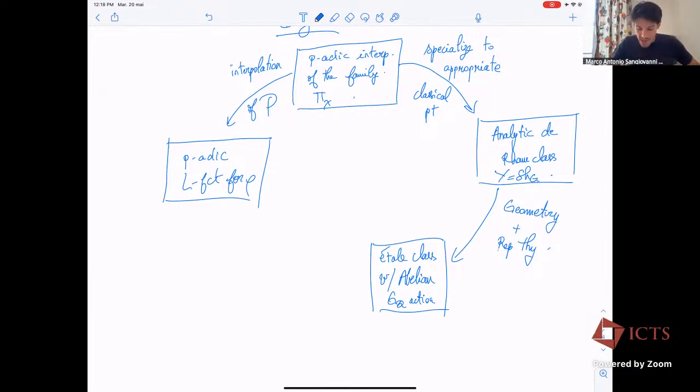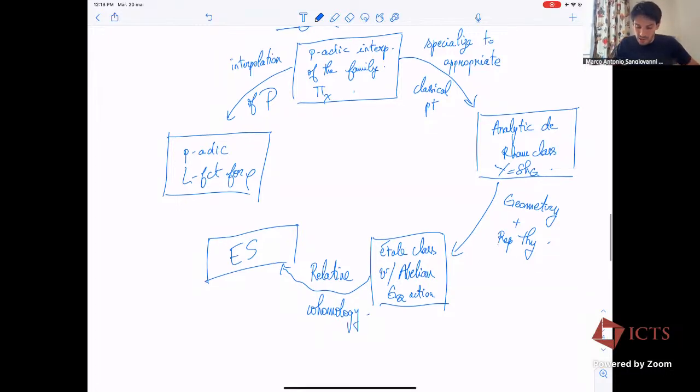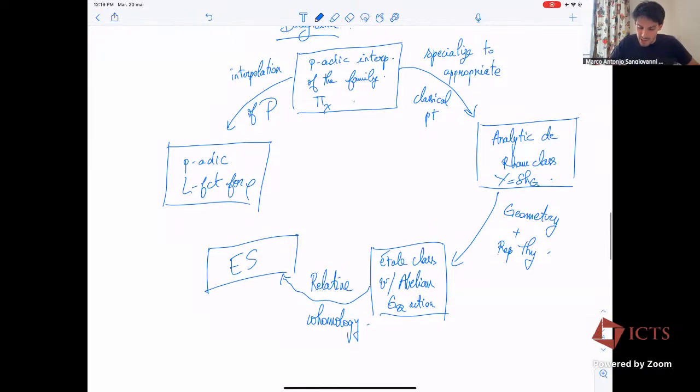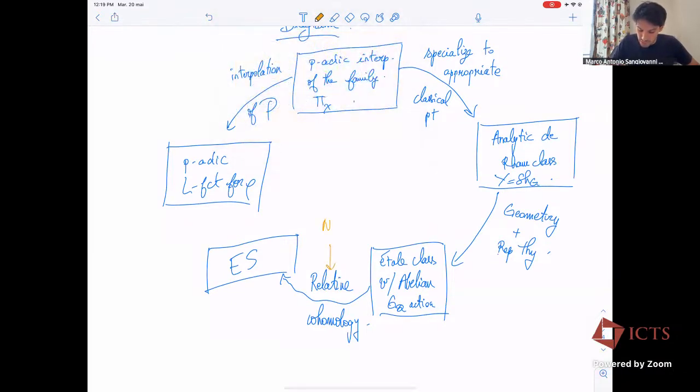Okay, and then the last step is you're hoping to get an Euler system by looking at relative cohomology. This is the step that Chris explained before, and this is where the numerology assumption comes into play.